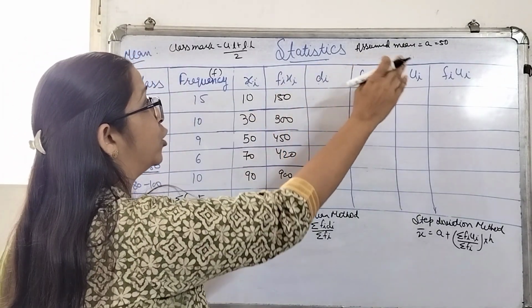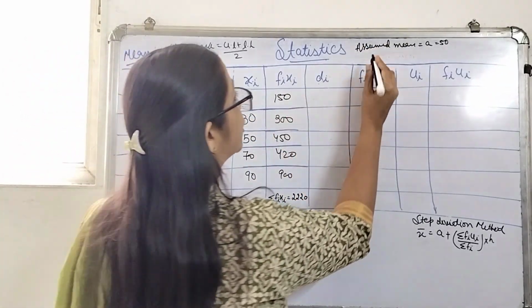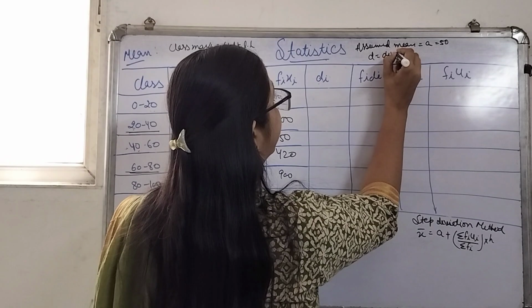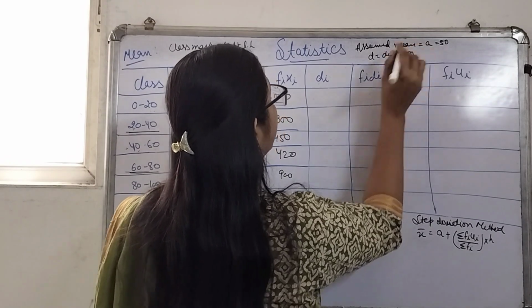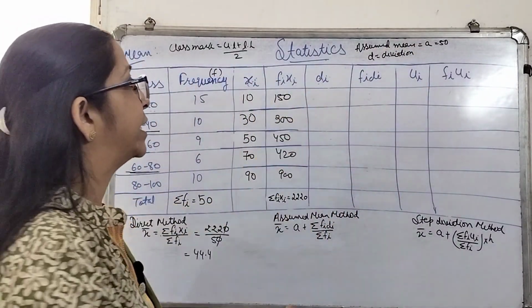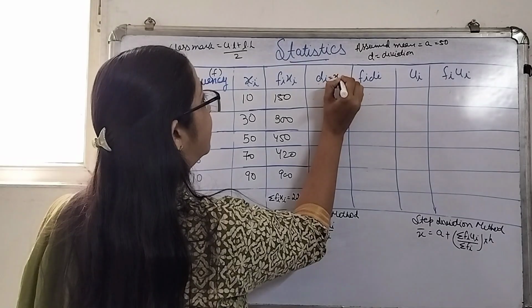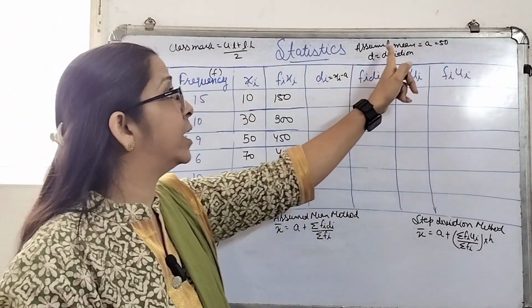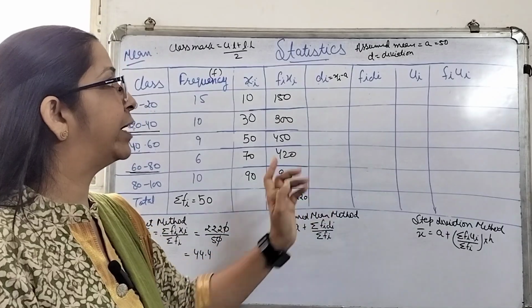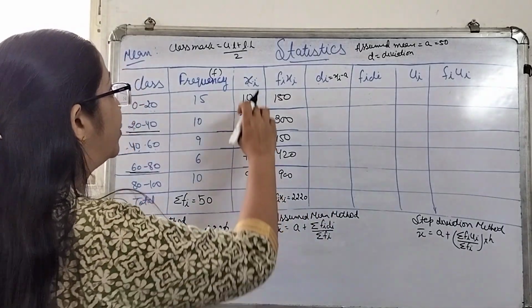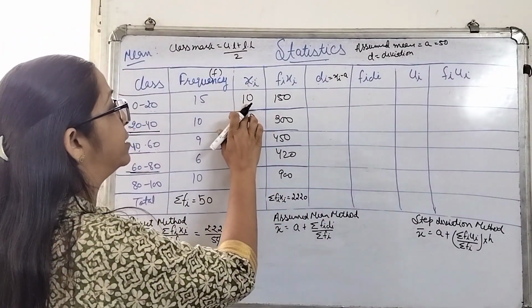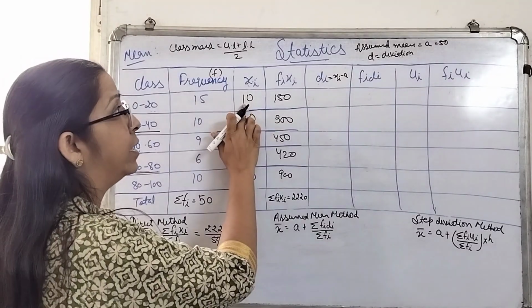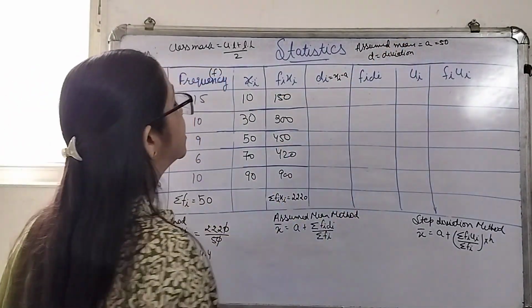If this is the value of assumed mean, then d is your deviation. We will find the value of deviation, which is denoted by d, and deviation will be xi minus a. From the value of xi, we subtract the assumed mean and we get the value of deviation. Over here the value of xi for this class interval is 10 and the assumed mean a is 50.